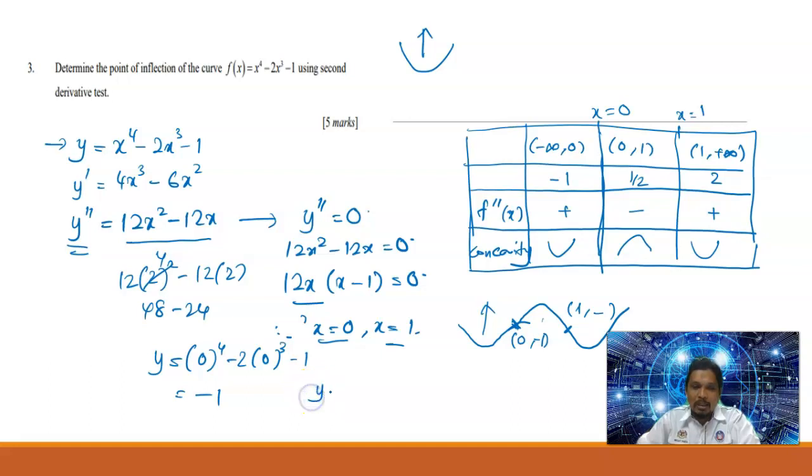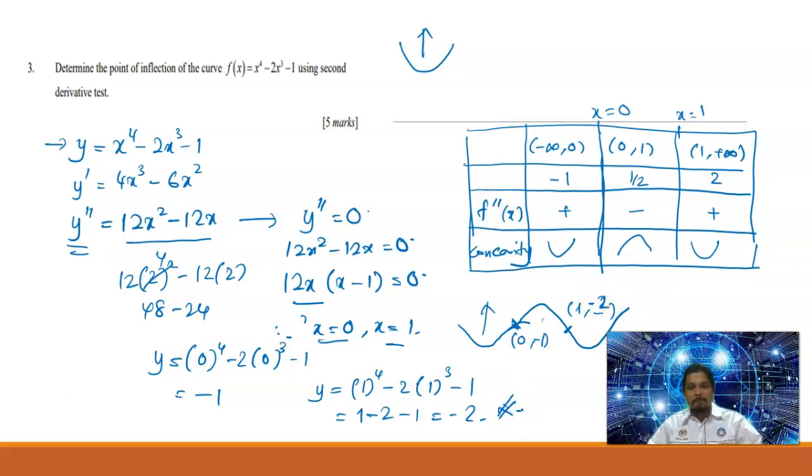So what about y when x equal to 1, then 1 power 4 minus 2 times 1 cube minus 1. 1 minus 2 minus 1, so negative 1 minus 1 equal to negative 2. So the coordinate is 1 and negative 2.